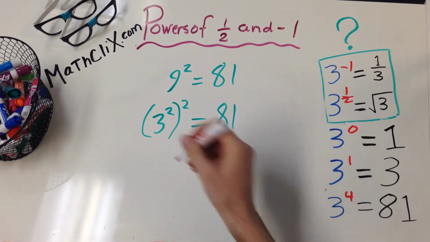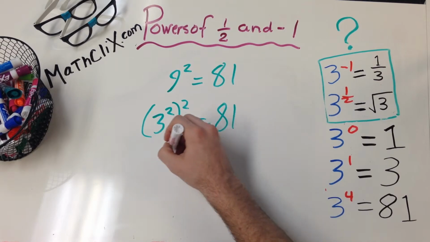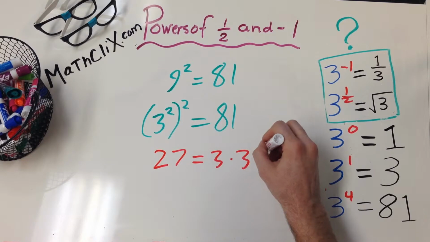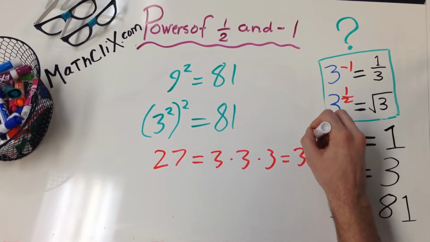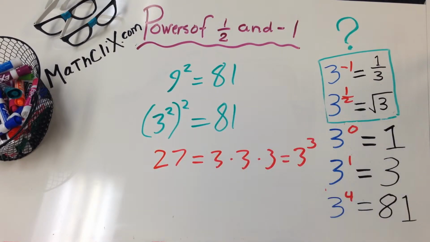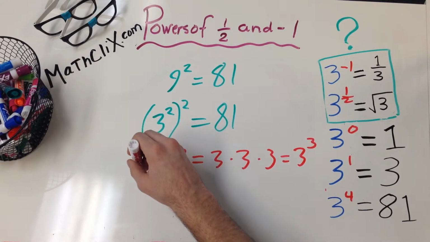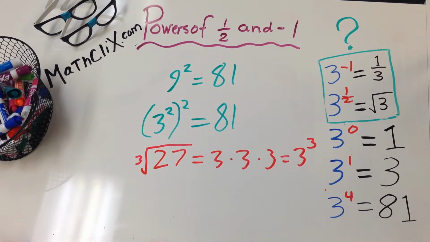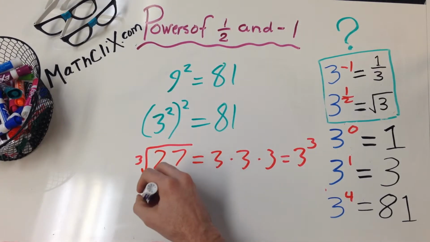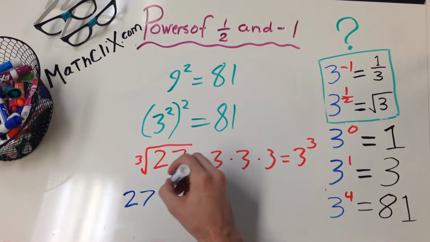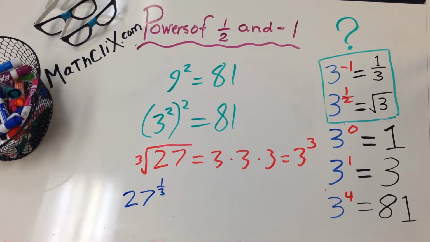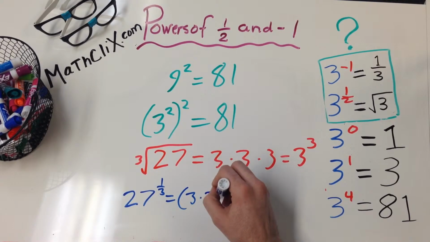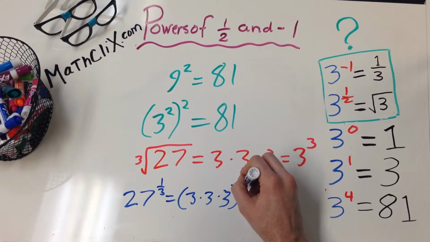So 27 equals 3 times 3 times 3, or 3 cubed. So if we started off trying to find the cube root of 27, we can rewrite that as 27 to the 1/3, which can be rewritten as 3 times 3 times 3 to the 1/3.